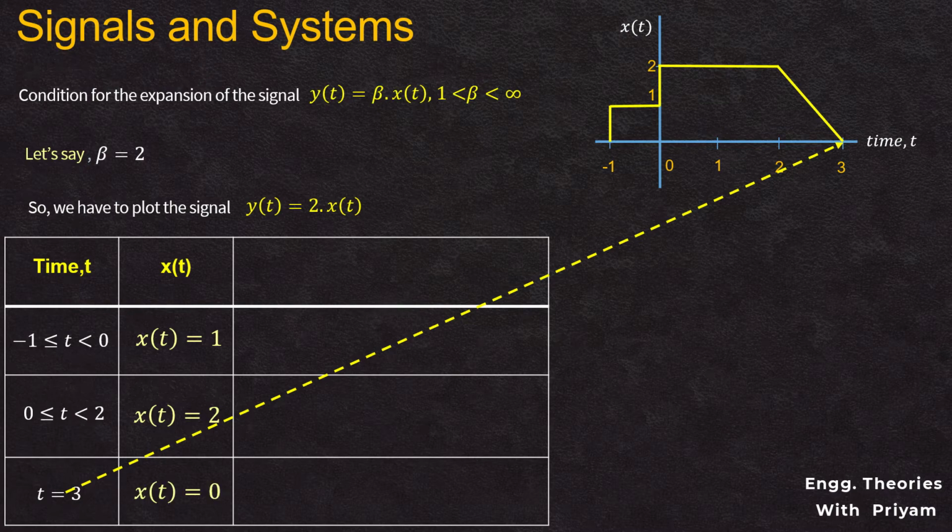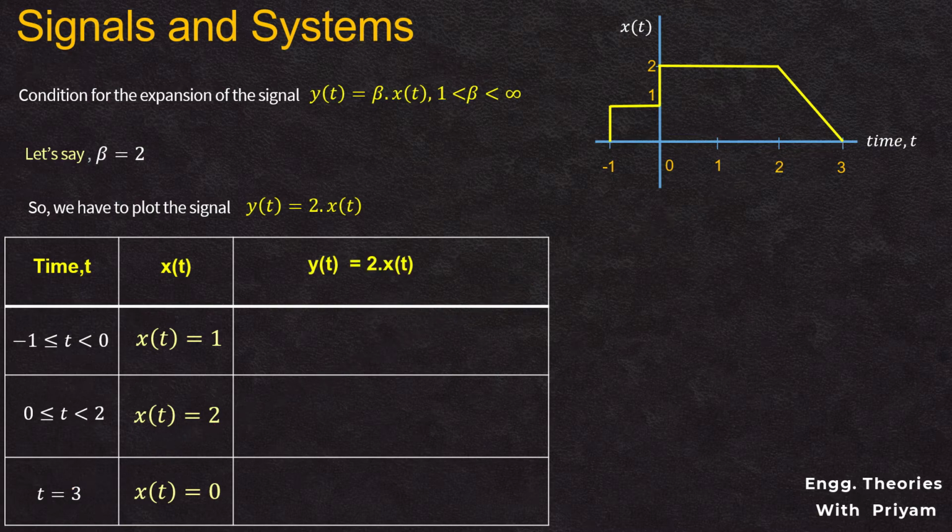Let's determine the value of y(t), which is the amplitude scaled version of the signal x(t). In order to plot the signal y(t), we need to multiply the amplitude of the signal x(t) by 2 for these time instants. Now, when the time t is greater than or equal to minus 1 and less than 0, then the amplitude of the signal y(t) is equal to 2 into the amplitude of the signal x(t), which is equal to 2 into 1, or 2.